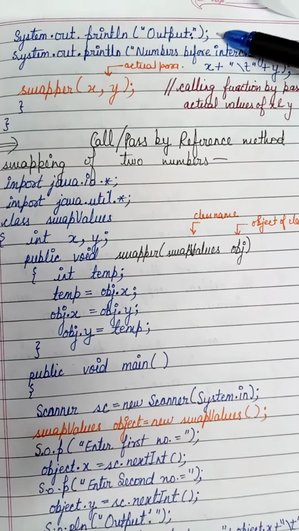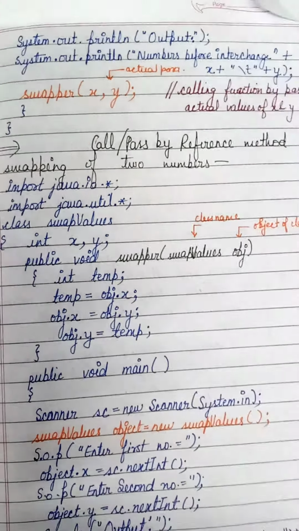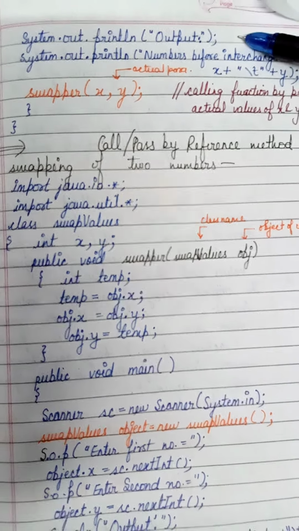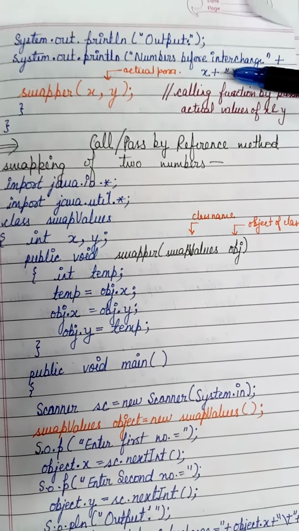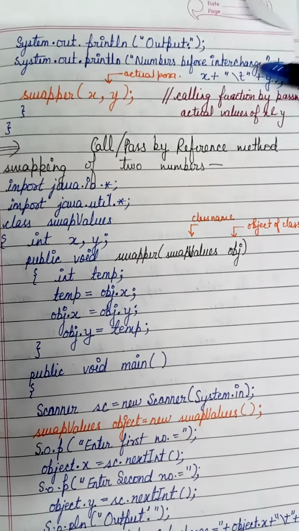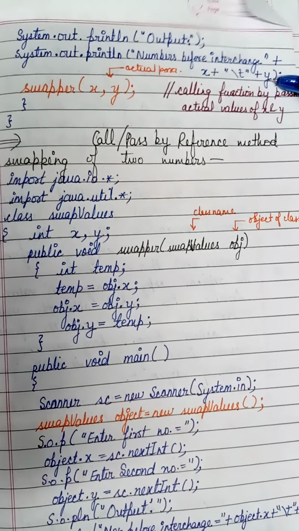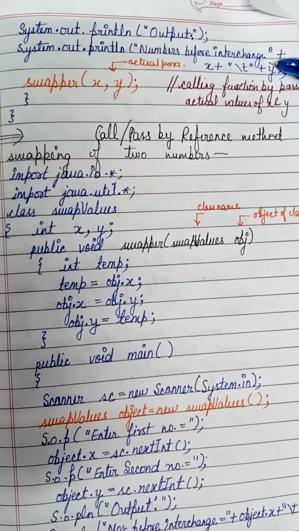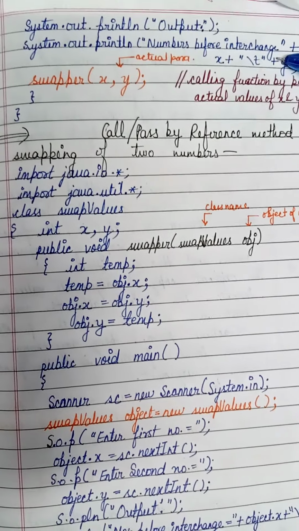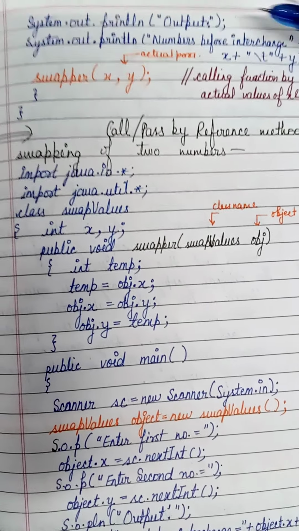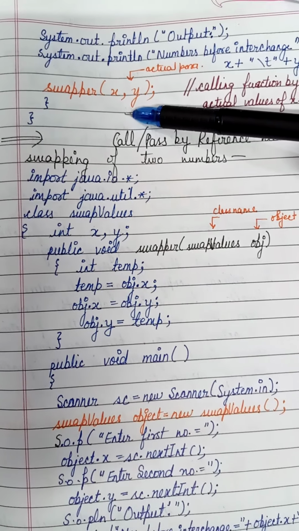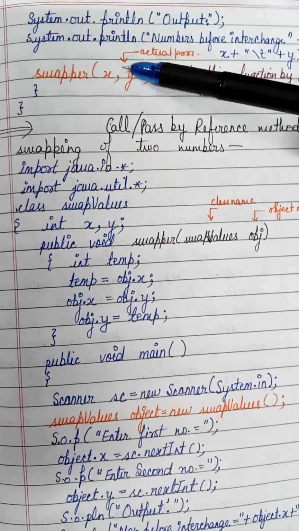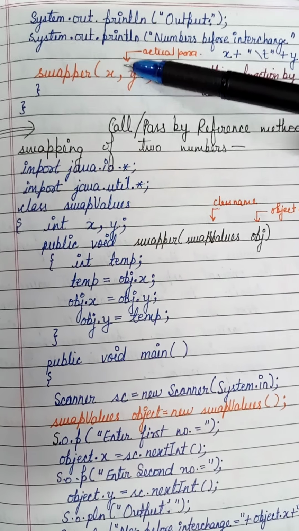So firstly we will print the numbers before change. These are the original data values. So System.out.println output message, then System.out.println numbers before interchange, x tab y. We are printing the actual values after taking input from the user. Then we are calling the swapper function. This function will swap the values and this will print the interchanged values also.